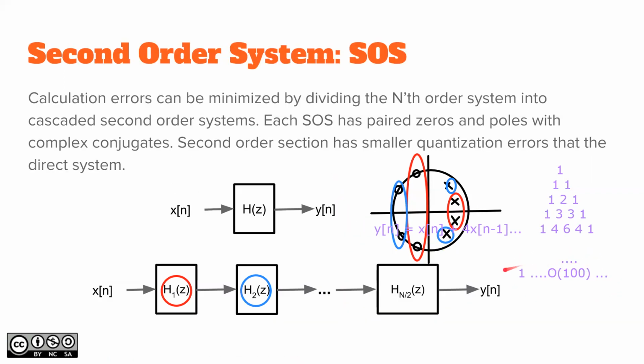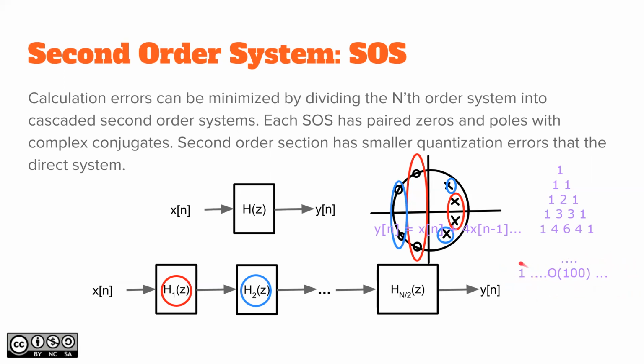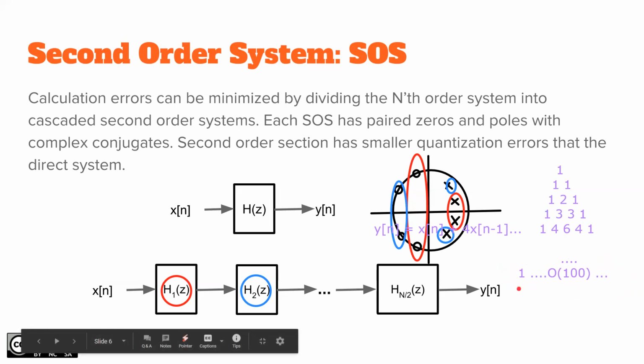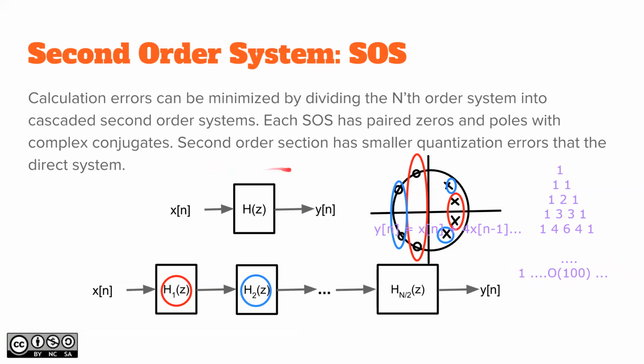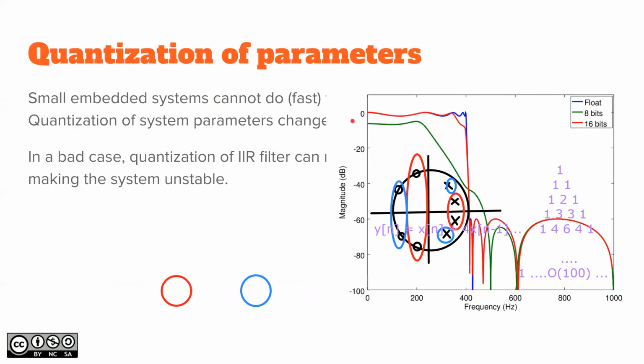Down here, the fractional errors on the center value would be very much smaller than on the corner values. So calculating the direct form response for the system would sum up these calculation errors, and that's actually what happened in this example.